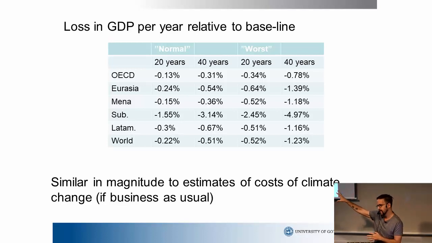These values are very similar to the values we estimate for global warming. Okay? So if we compare the importance of this based on this type of studies, I would say that antibiotic resistance is as important as global warming. Okay, so around these values is what we estimate for global warming as well.